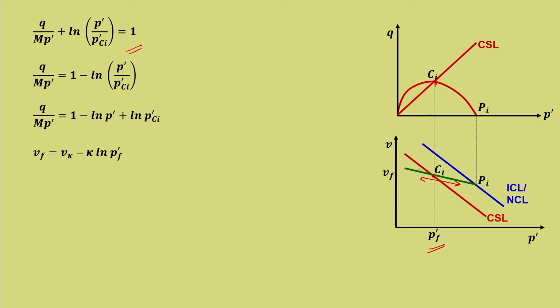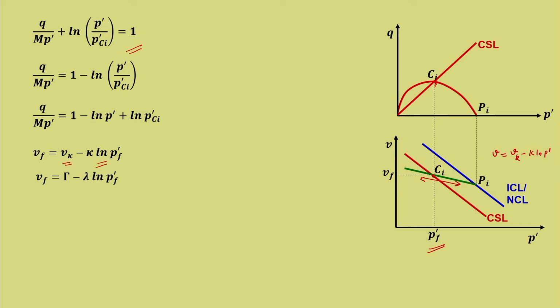Again, refer back to our critical state discussion, wherein we can write any point on this loading unloading line as V is equal to Vkappa minus kappa ln p'. For this specific point we can write Vf is equal to Vkappa minus kappa ln p'f. So, that is how it comes.